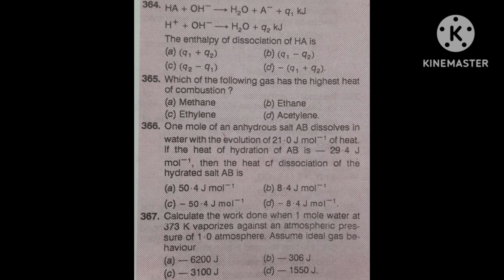That is the reverse of dissociation. Heat of hydration means joining. The heat of hydration value is given as minus 29.4. Then the heat of dissociation you want to calculate, so you reverse this value: plus 29.4 minus 21. Easily you will get the answer, 8.4 joule per mole. Okay.